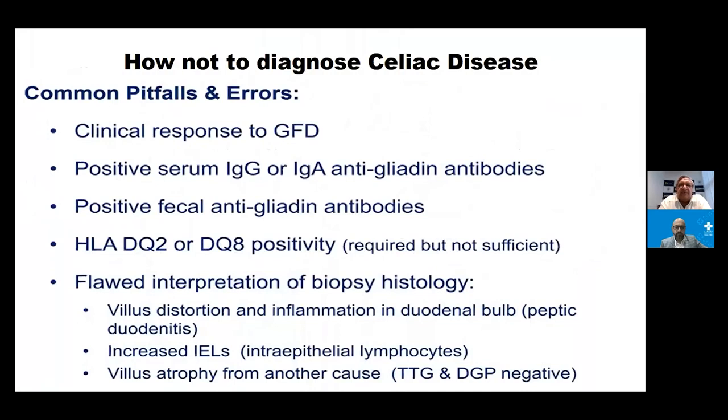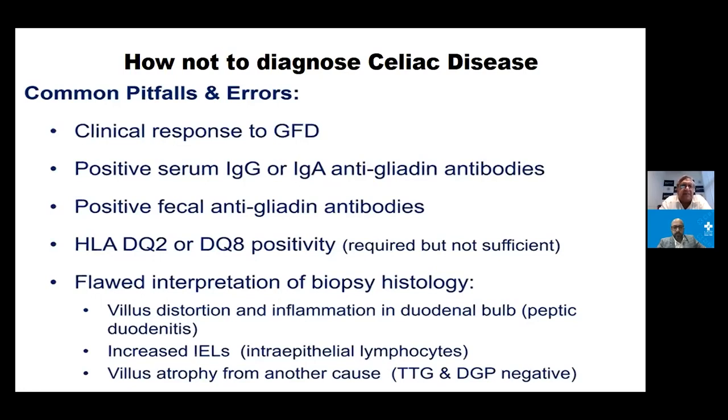So before we go to the algorithm, we have a word about how not to diagnose celiac disease. Common pitfalls and errors is clinical response to gluten-free diet. A person should not avoid gluten before firmly establishing the diagnosis.